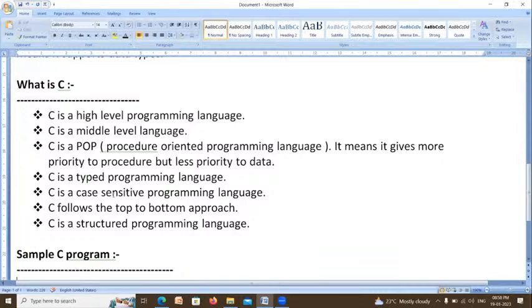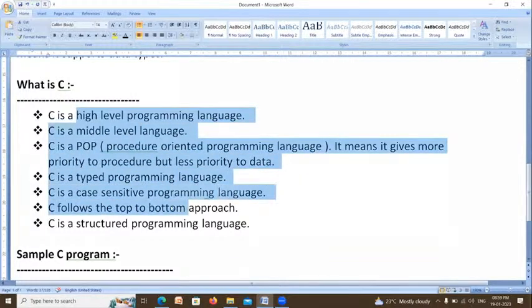Sir, can you explain the last second point? Top down approach. Yes. Whenever you write the program, it will be executed from top to bottom. First line will be executed first, then second line, then third line, then fourth line, then fifth line. So it follows the top to bottom approach.